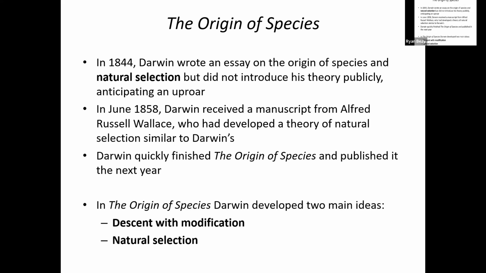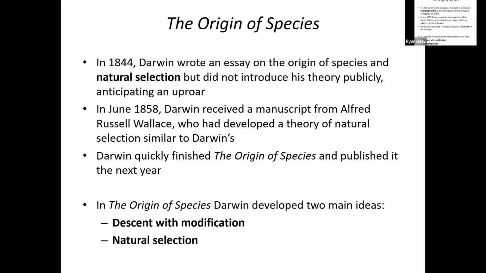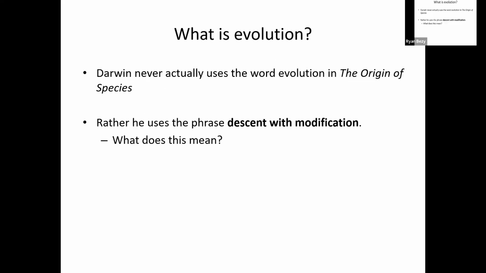So in this one, what Darwin outlined and developed is two main ideas: descent with modification and natural selection. Interestingly enough, Darwin never uses the term evolution in any of his stuff.